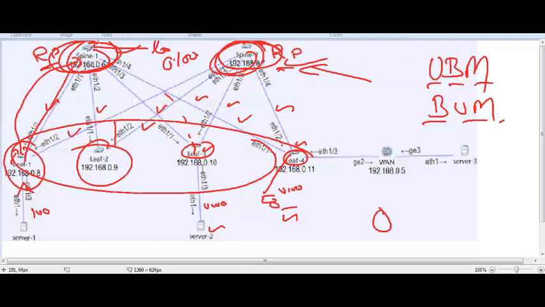Is it passing through? No. It goes to spine, and spine will digest it and forward it. The update will go to one router, and that router will synchronize its link state database, and then it will forward it. The packets are not delivered straight to leaf 1.